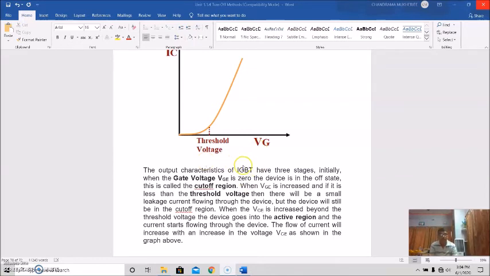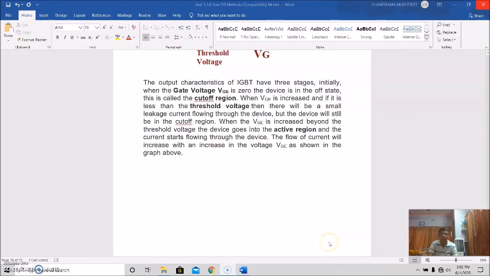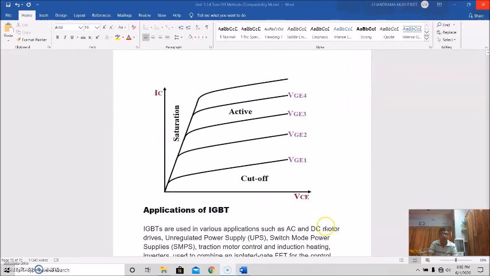When the gate emitter voltage is increased beyond this threshold voltage, the device gets into the active region and current starts flowing through the device. This flow of current increases with the gate emitter voltage, as shown here. This is the cutoff region.